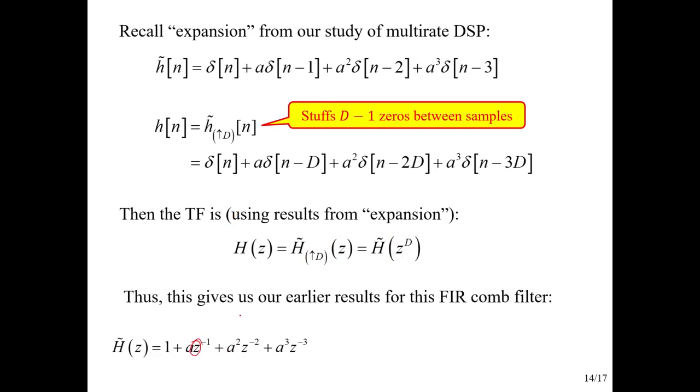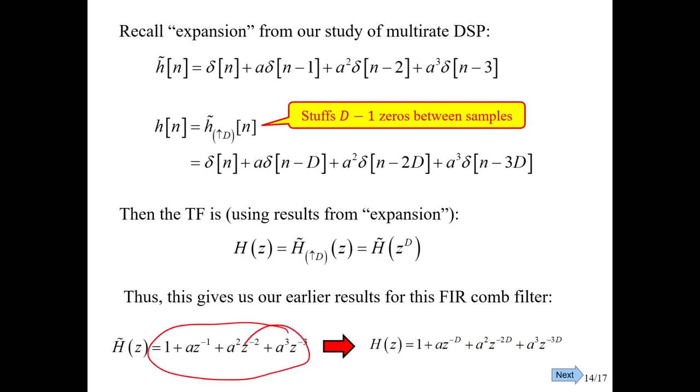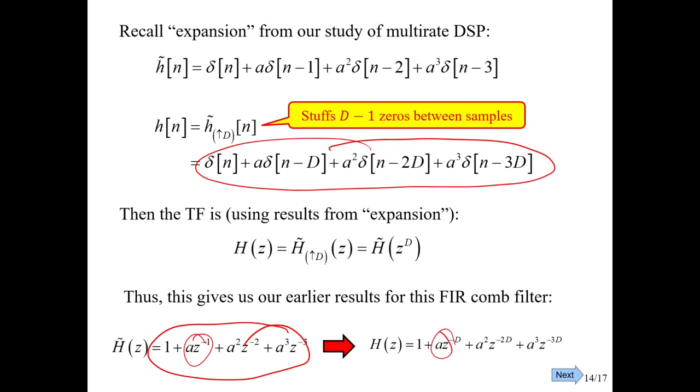Now every one of these Z's is going to get replaced by Z to the D, and now we get Z to the minus D, Z to the minus 2D, and so on. So we started with our prototype filter, and we, in the time domain, stuff zeros, or equivalently in the frequency domain, we replace Z by Z to the D, and we get our resulting comb filter. Nice. And that's the general way to make a comb filter from any prototype.